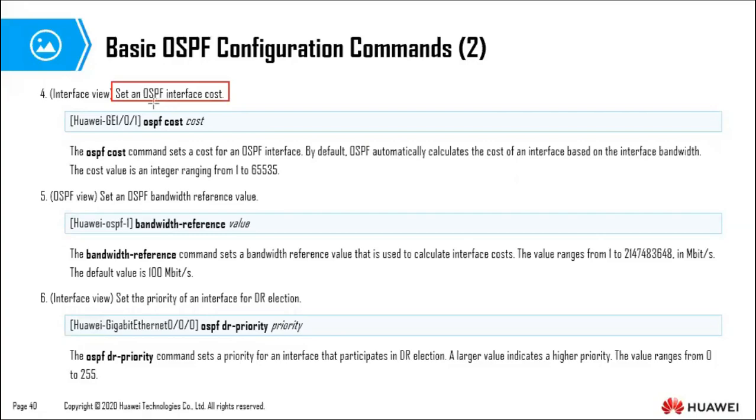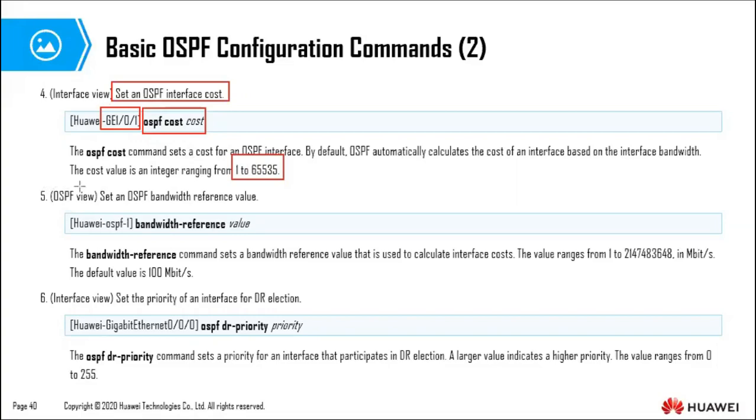So if you don't want the reference bandwidth formula to be used on an interface to calculate the cost of that interface, you can go into that interface, for example, G1/0/1. Then you use the command OSPF cost. Then you enter a value between 1 and 65,535.